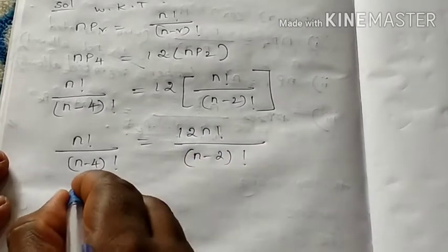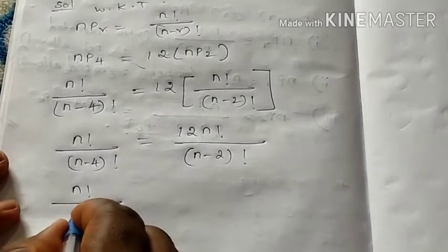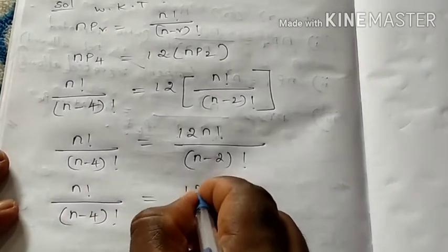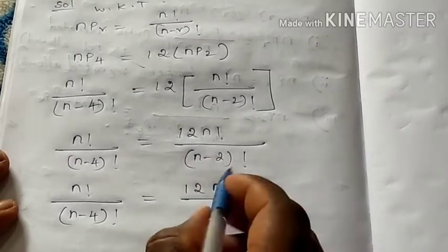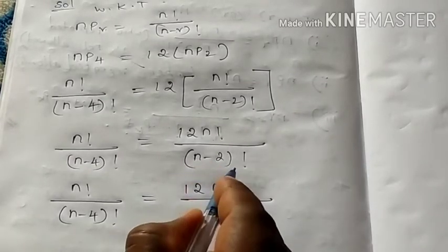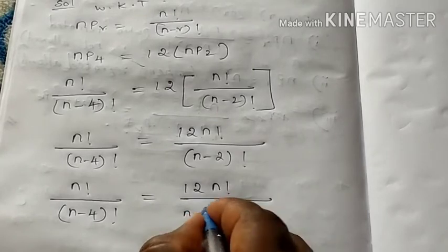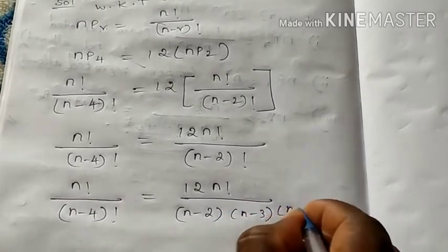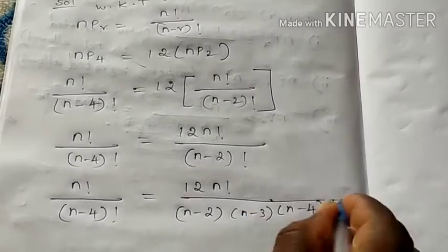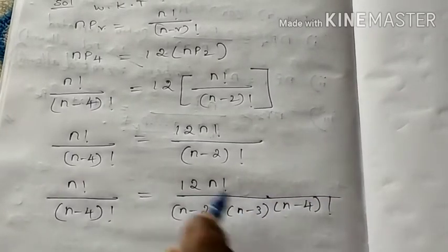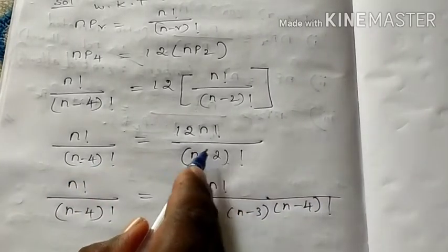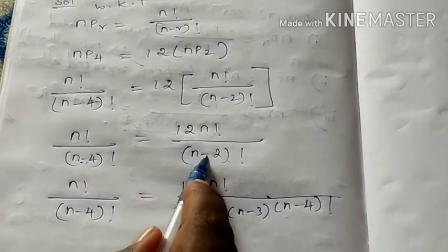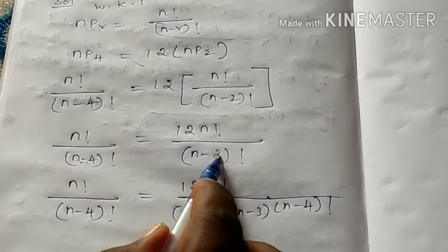Comparing both denominators, (n minus 4) factorial is the least one, so convert (n minus 2) factorial.